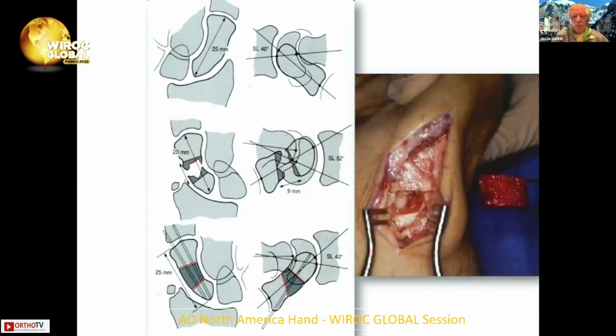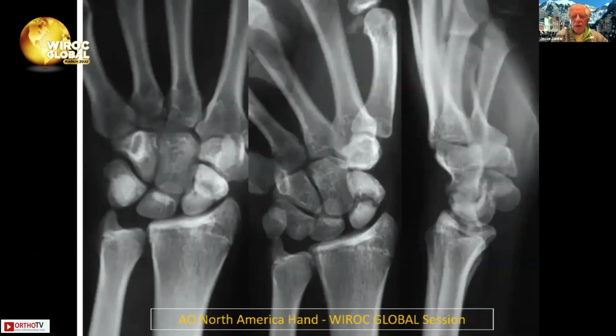And I agree, it's not absolutely necessary always to use headless screws. K-wires can be very effective in these cases, but once you've got the structural graft, it may be very stable.